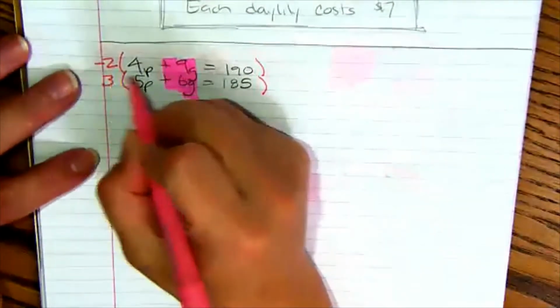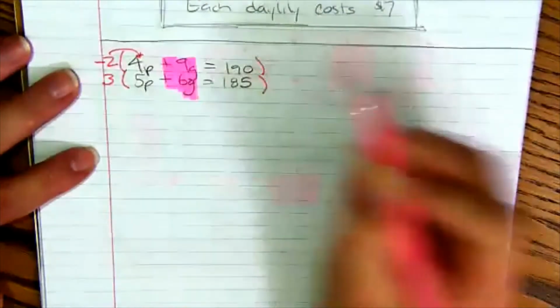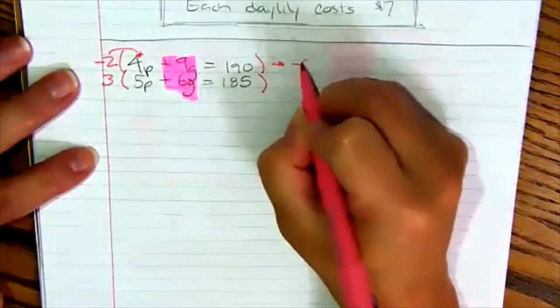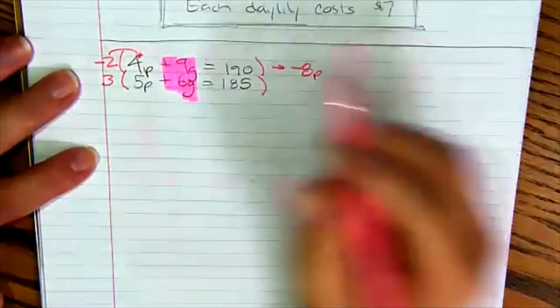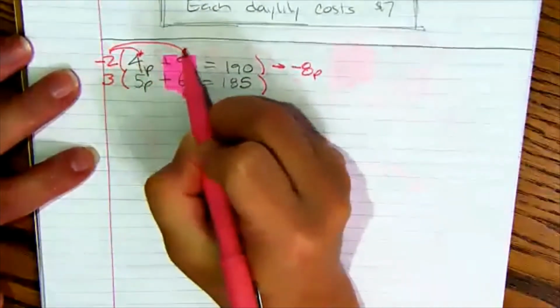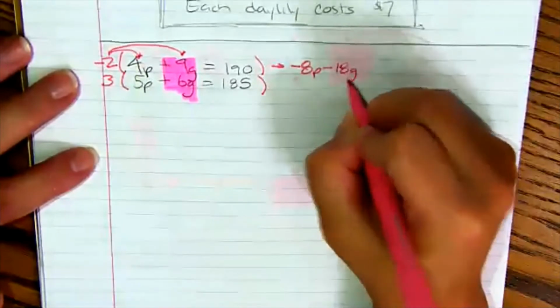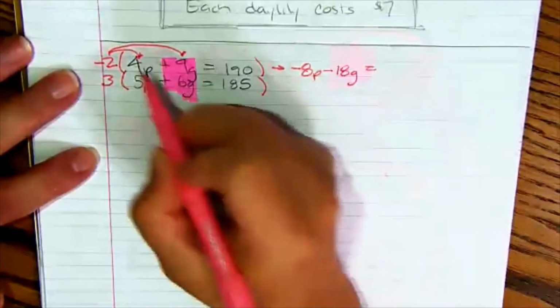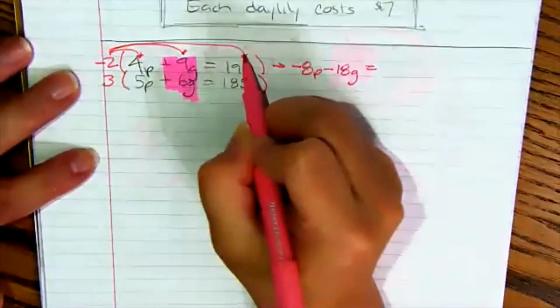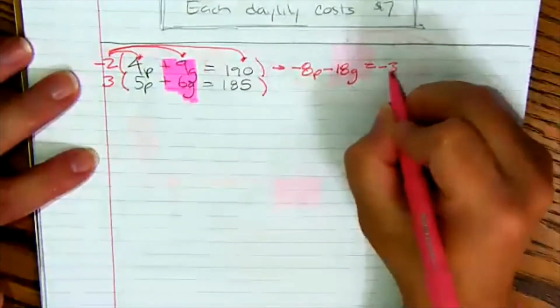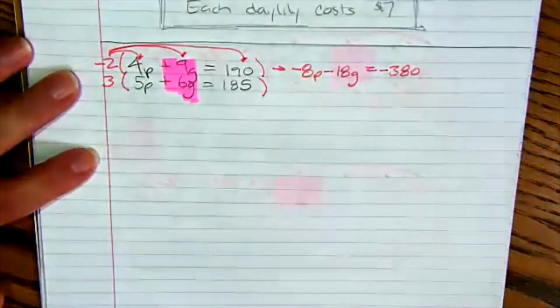So I've got -2 times 4p equals -8p. -2 times 9 geraniums equals -18 geraniums. And -2 times 190 is -380.